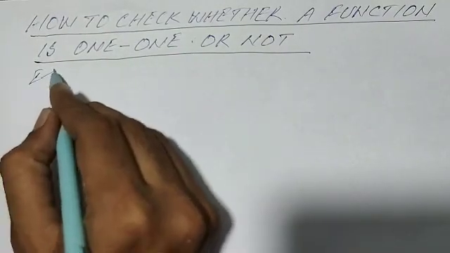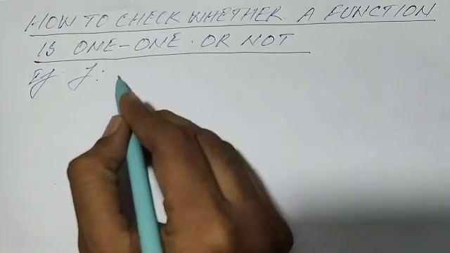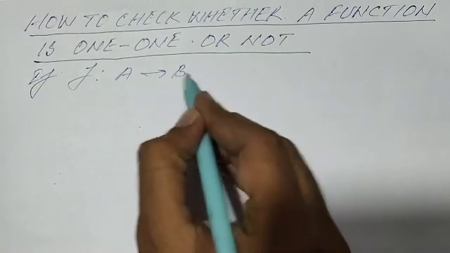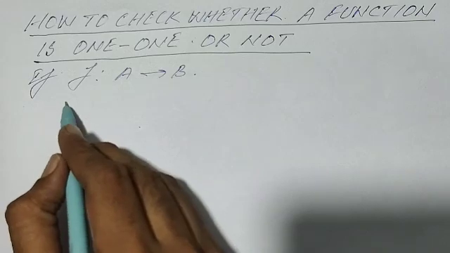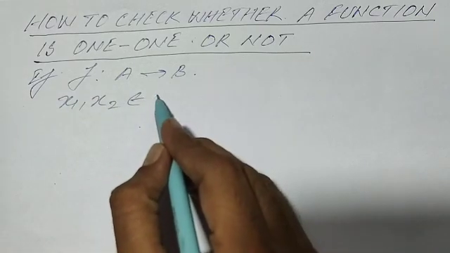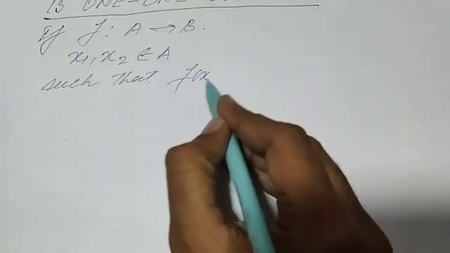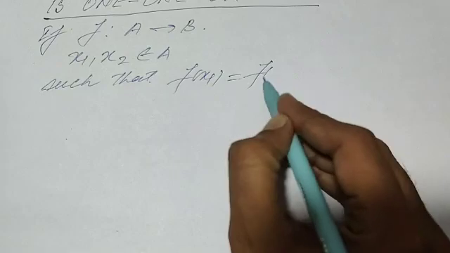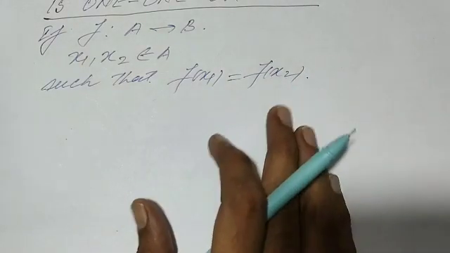So if f is a function from A to B, then we take two arbitrary elements, say x1 and x2, from domain A, such that f(x1) is equal to f(x2). We assume that f(x1) is equal to f(x2).